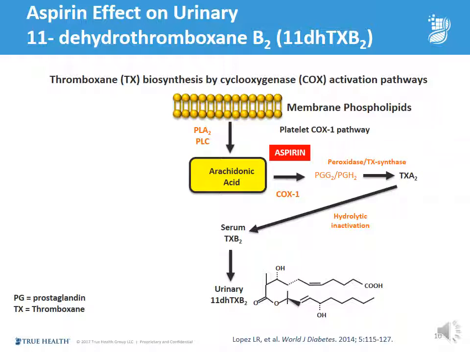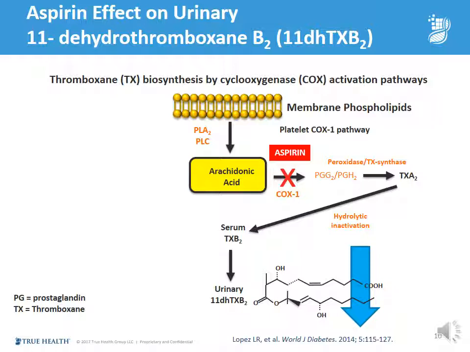Now at rather low doses, baby aspirin incredibly effectively blocks the COX-1 pathway, which would diminish the production of thromboxane A2, diminish platelet reactivity, and of course cause reduced levels of urinary 11-dehydrothromboxane B2. So if you had a patient where the biomarker was elevated and you prescribe low-dose aspirin, it would not be surprising to see a decrease in the level in the urine, which certainly would be an indication that aspirin has inactivated the COX-1 pathway.